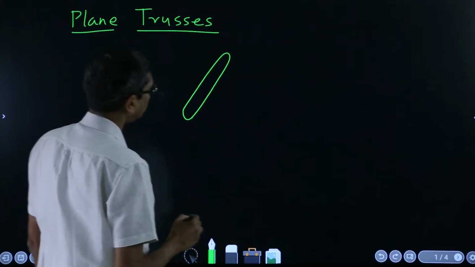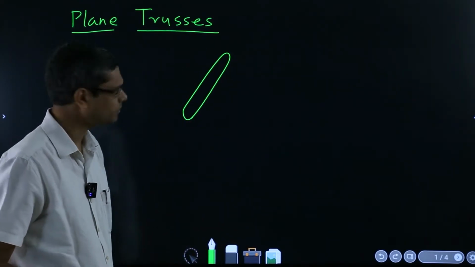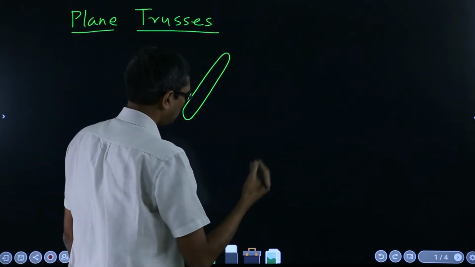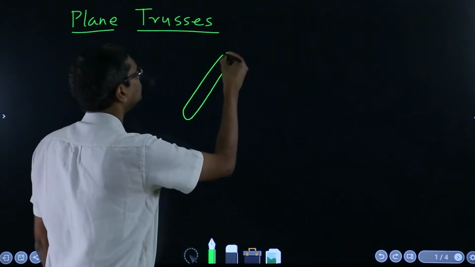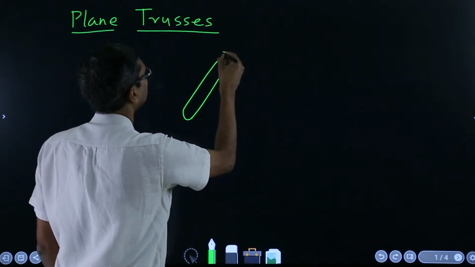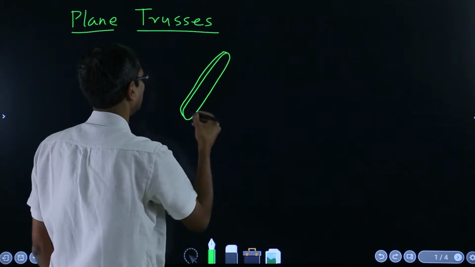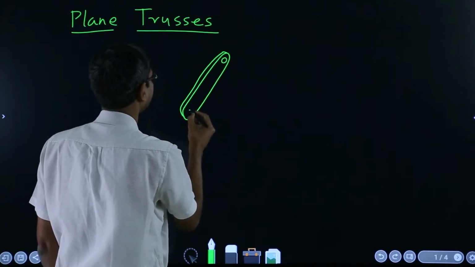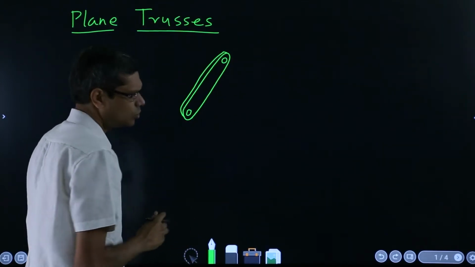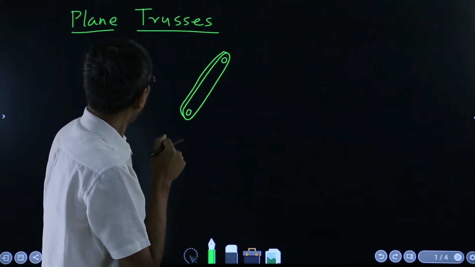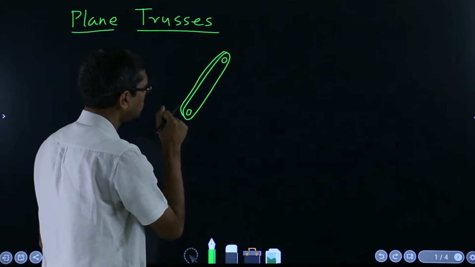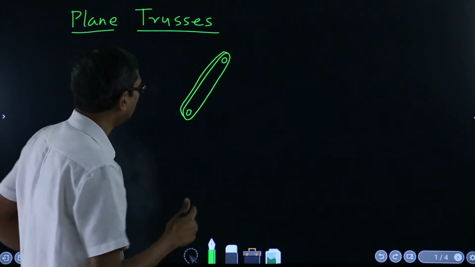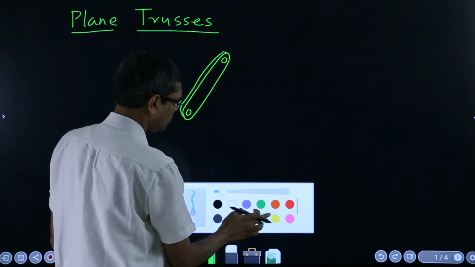Whenever I draw something like this in this chapter, this is a representation for a 3D thing which looks something like this, and which has two holes which have been made to put a pin through that, so that one more such bar can be joined.